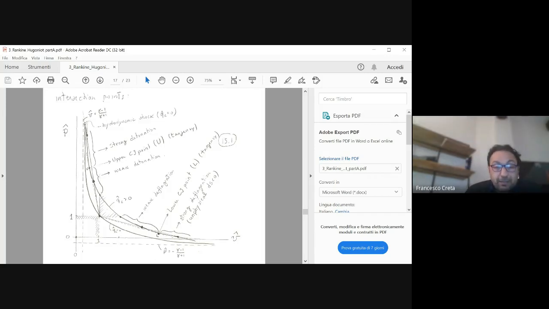So let's go back to the subsonic solution. You see that in theory there is also going to be an intersection between the Hugoniot and the Rayleigh line somewhere here. Now, this is even wrong because this would go on the negative side of pressure, but suppose it's on the positive side, it could, in theory, be a physical solution. It turns out that these strong solutions for subsonic waves do not exist.